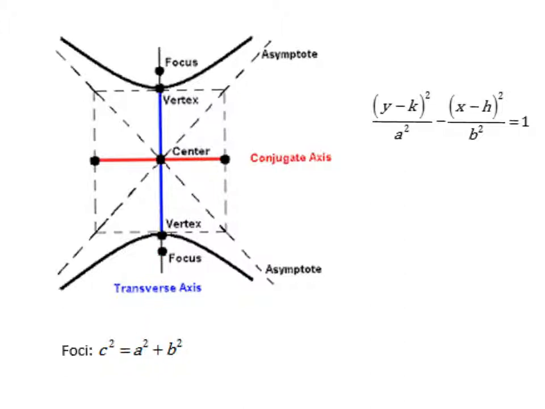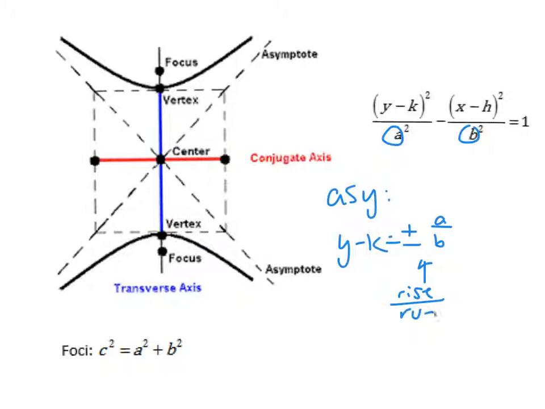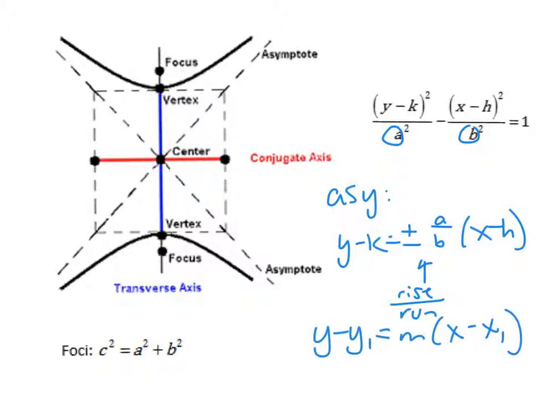And again, for your asymptotes, you're still going to do the y part equals plus or minus, but this time you're going up A over B. Really, I would just remember on your graph to do rise over run, so that you don't get bogged down in the A's and B's, and then times the x minus h part. And again, it should look similar to point slope form. And yes, you need to memorize that.